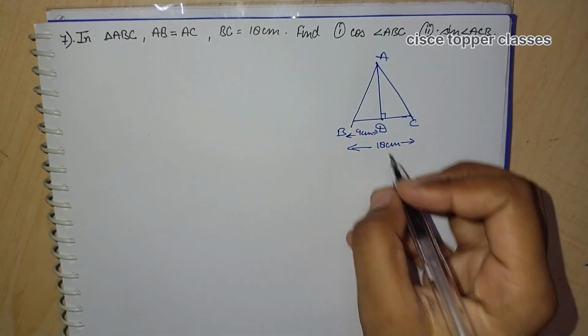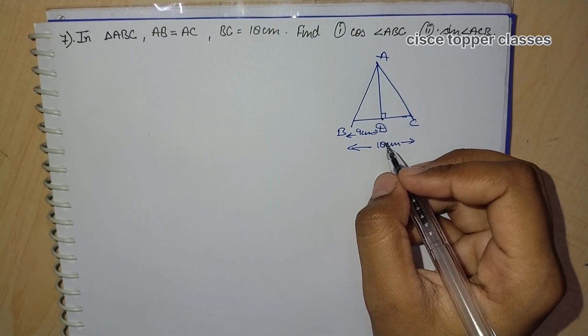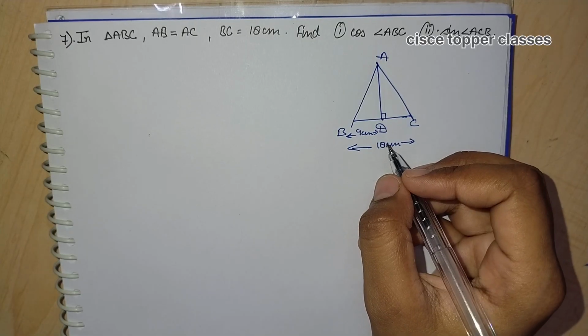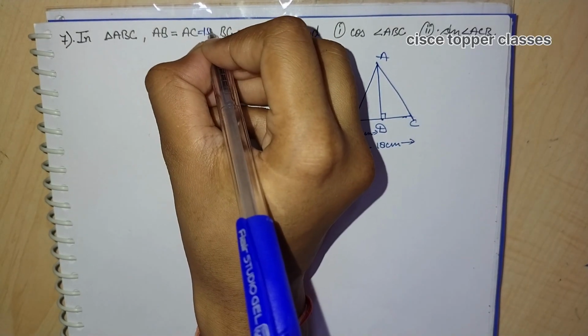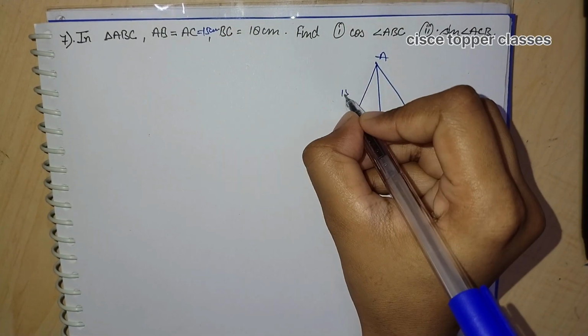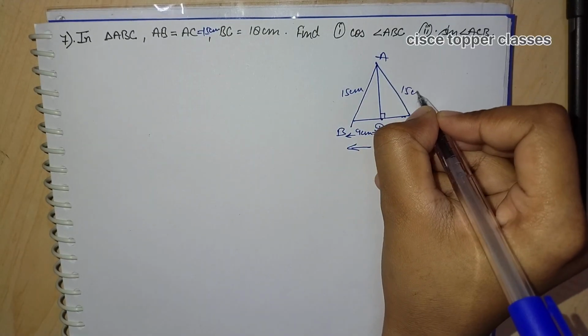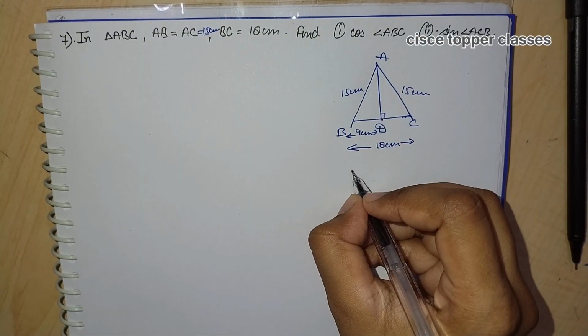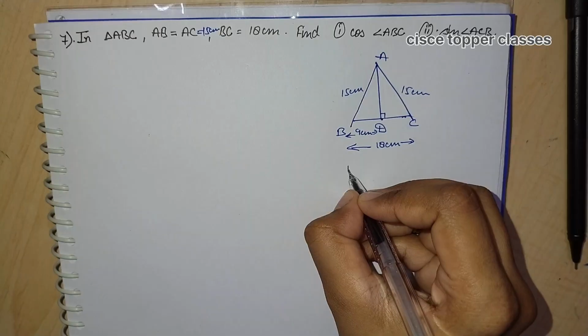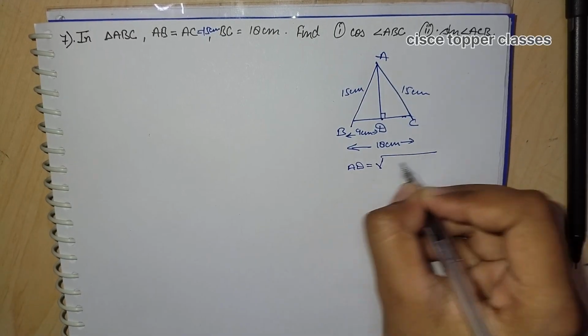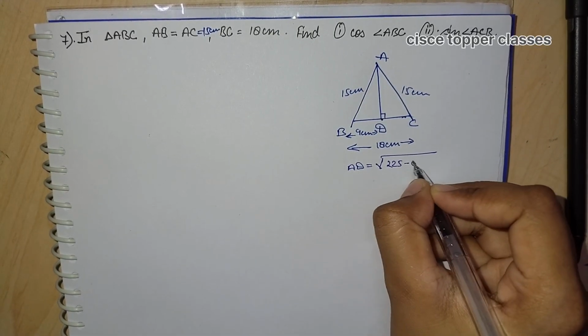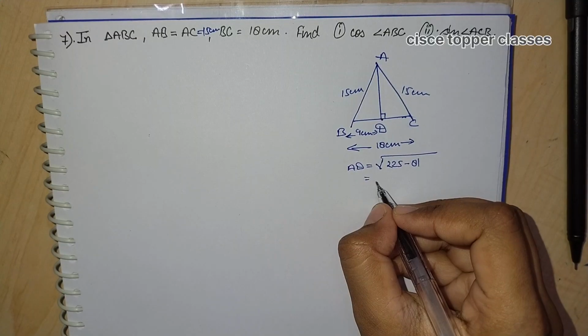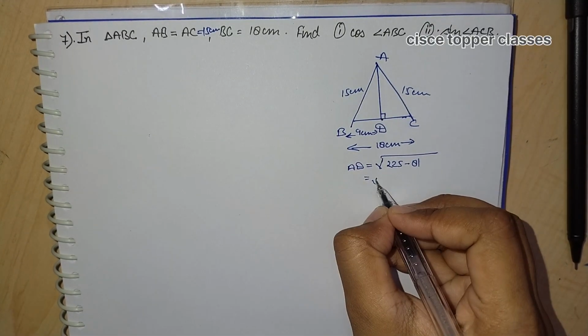And by Pythagoras theorem, applying the Pythagoras theorem here, AC is given in the question as 15 centimeter. So if this is given to us here, we can find the value of AD. So here we can write 15 square minus 9 square, means AD will be under root 225 minus 81. So we can write it as 144 here.